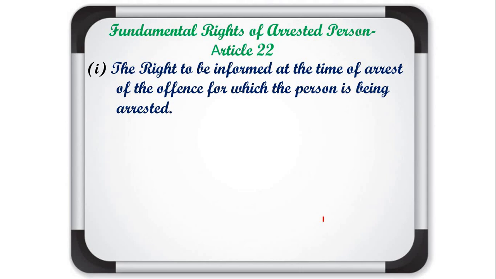While the investigation is going on, a police officer can't shoot, beat or torture anyone. Yes beta, you have seen in movies that the police can do anything, beat that person, shoot also, but in reality it is not so. According to the Constitution it is not allowed. The police can't shoot, beat or torture anyone at the time of arresting or at the time of interrogating, meaning when the police ask questions.